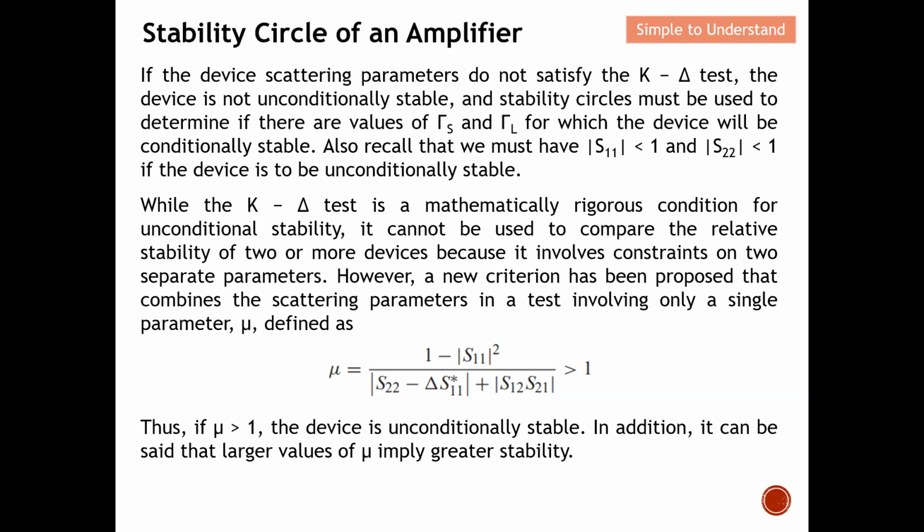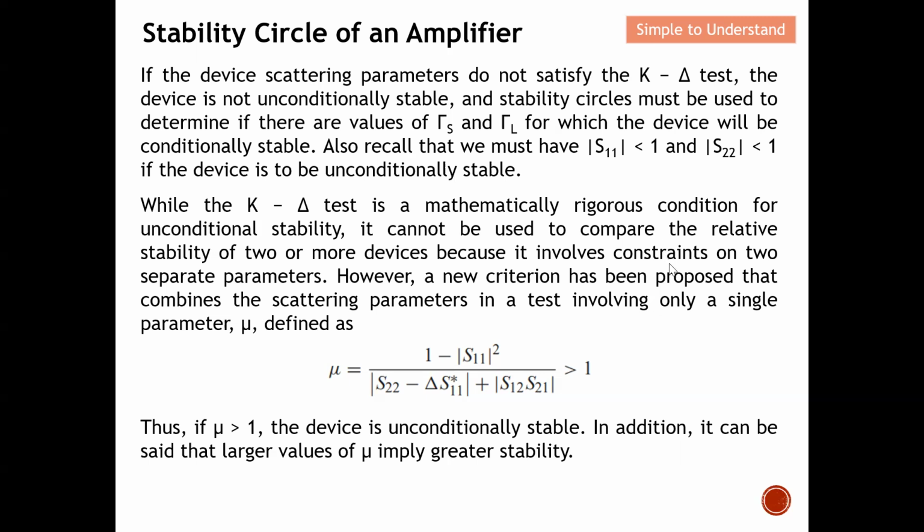For example, when we design amplifiers, there will be a situation where one amplifier will be more stable than the other one. But when we use the K and the determinant of the scattering matrix, we cannot determine which amplifier will be more stable. This is what I want to say.